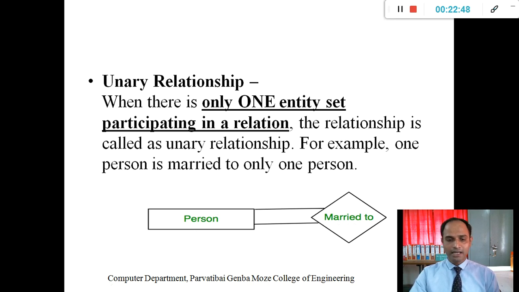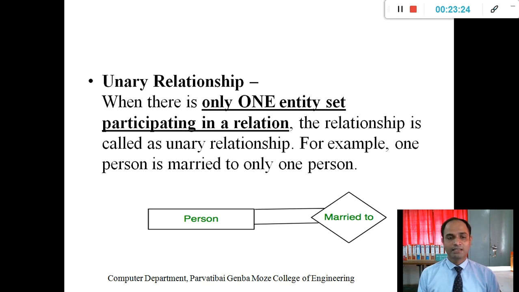The entity set is a single entity set, related to itself through this relationship type, and we call that a unary relationship. One object of the person entity set has a relation with another object of the person entity set through a particular relation type.